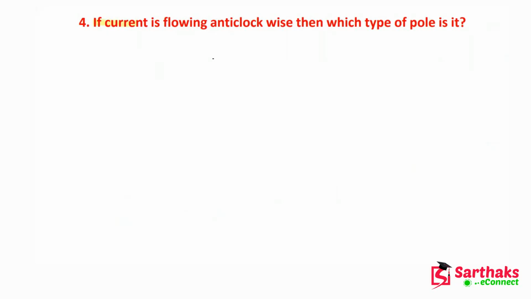If current is flowing anti-clockwise, then which type of pole is it? Basically, this question is talking about a circular loop, so first of all, we have to make a circular loop. It is saying that the current is flowing anti-clockwise. So what is the anti-clockwise direction? This is an anti-clockwise direction.